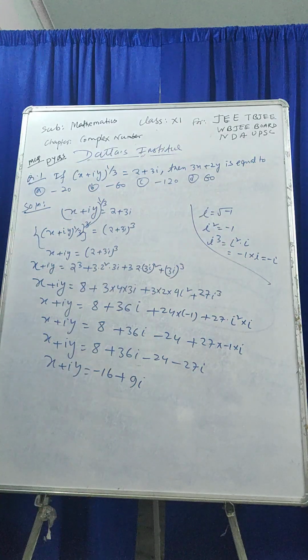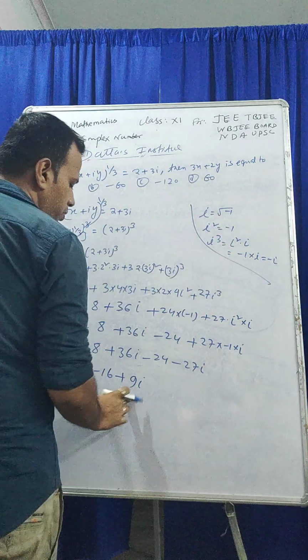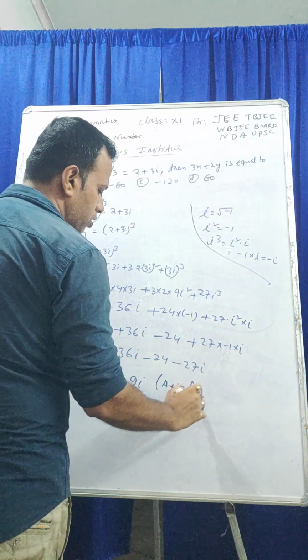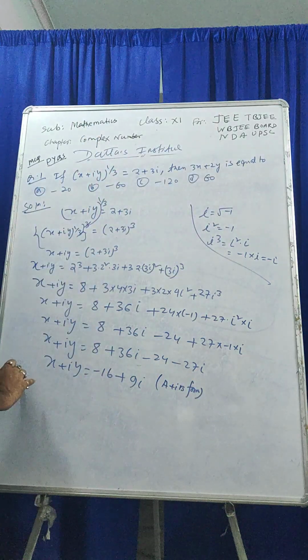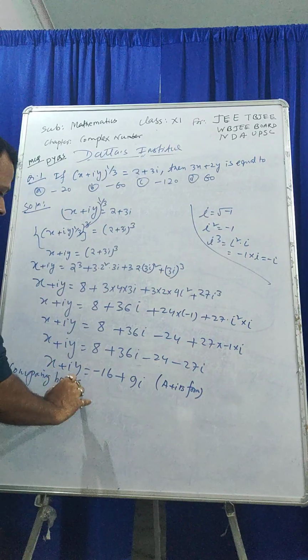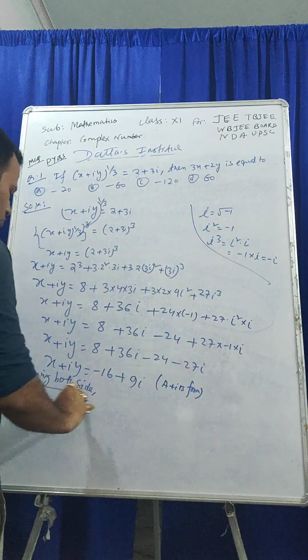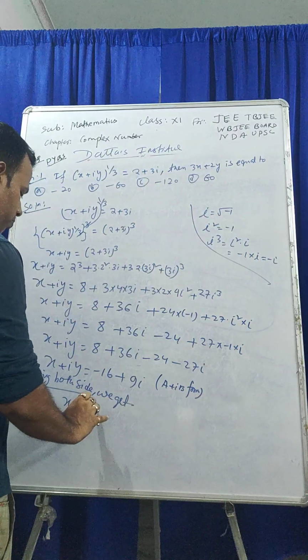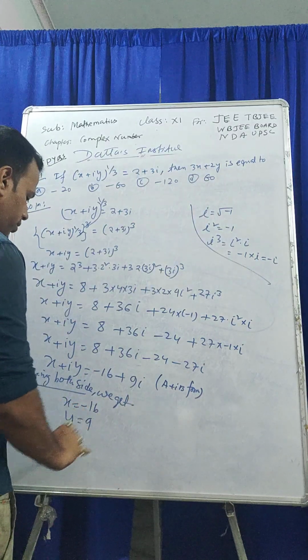Now this one is also a plus ib form, is it not? So comparing both sides, what we get? We get x is equal to minus 16 and y is equal to 9.